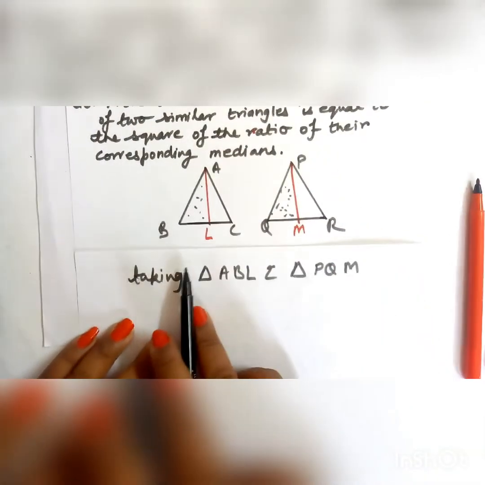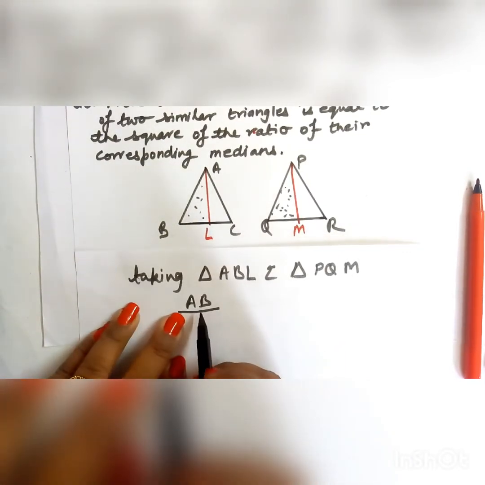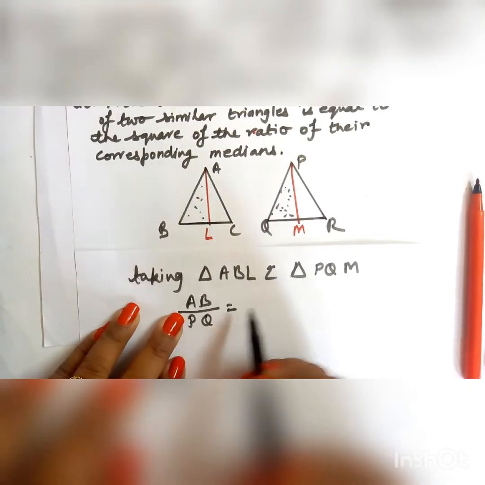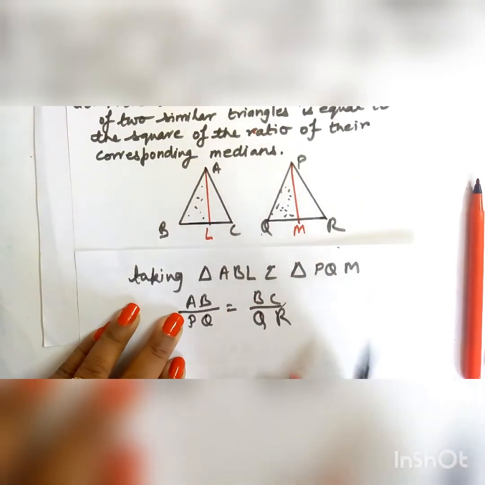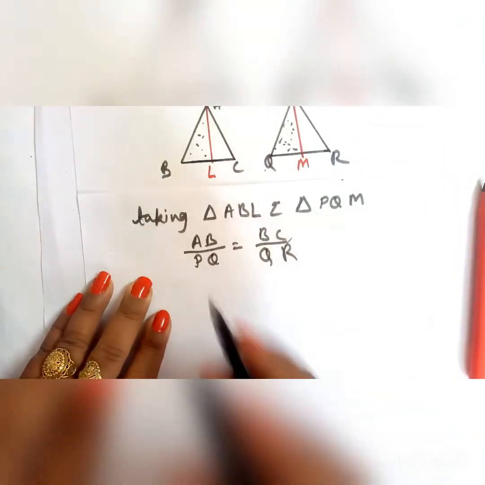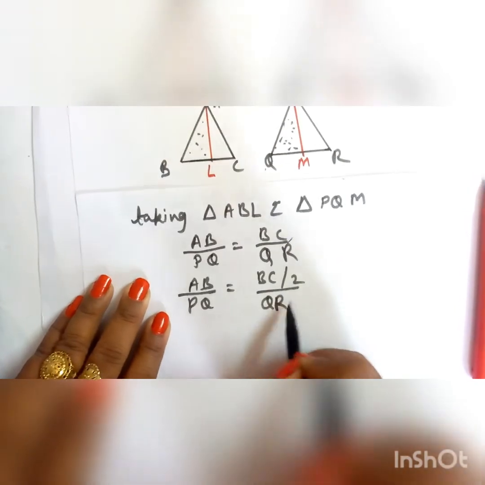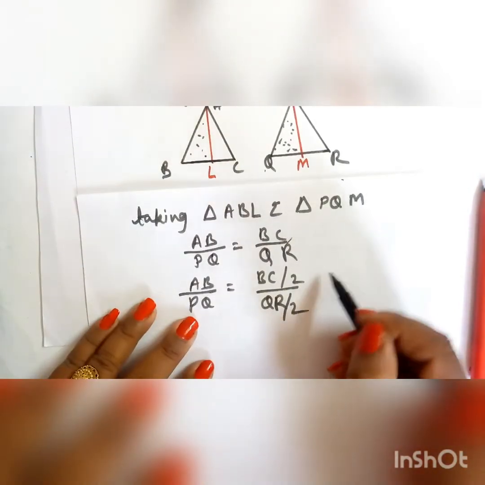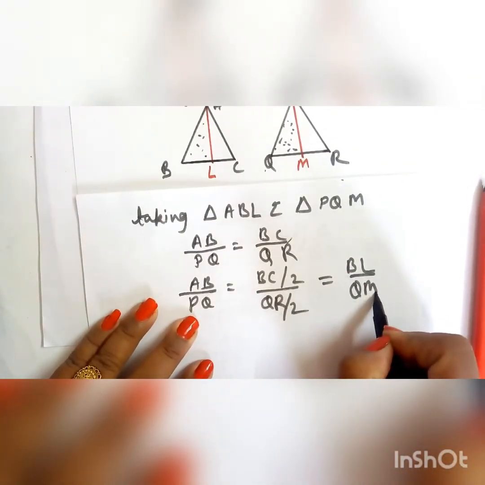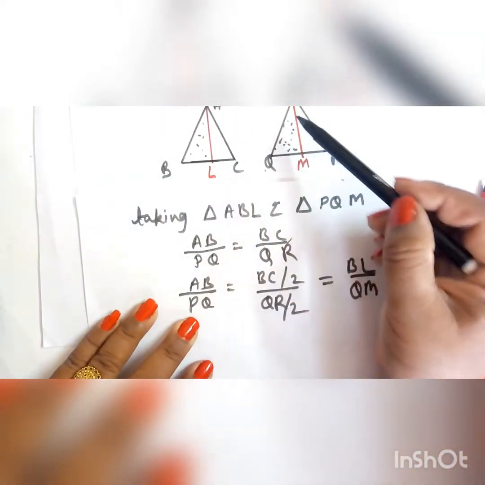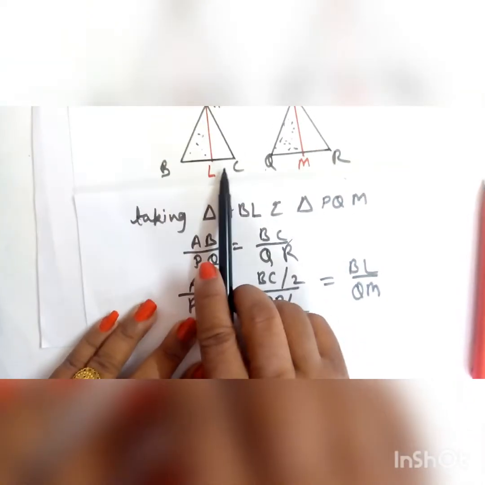But first of all, let's write AB upon PQ is equal to BC upon QR. Now AB upon PQ is also equal to BC upon 2 upon QR upon 2. So that will be equal to, what is the half of BC? That is BL upon QM, because AL is the median and PM is the median. So they are going to bisect the bases, that is BC and QR.